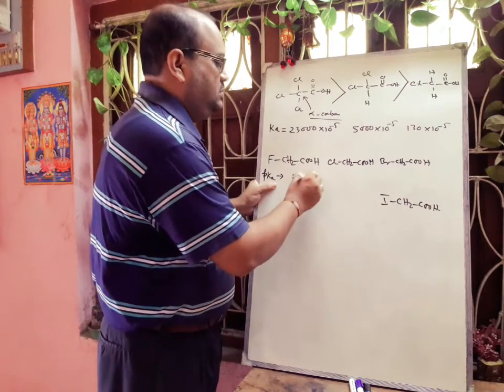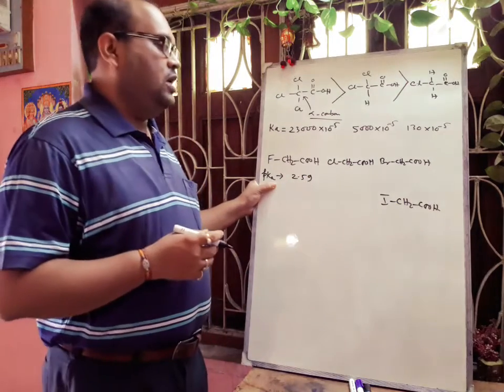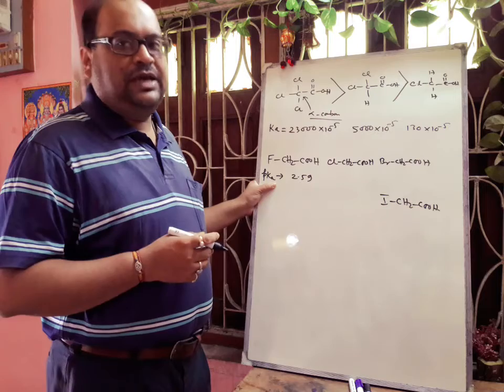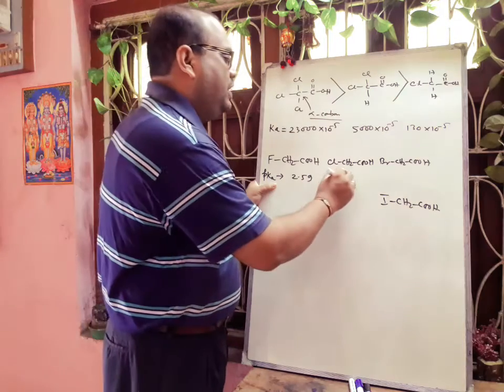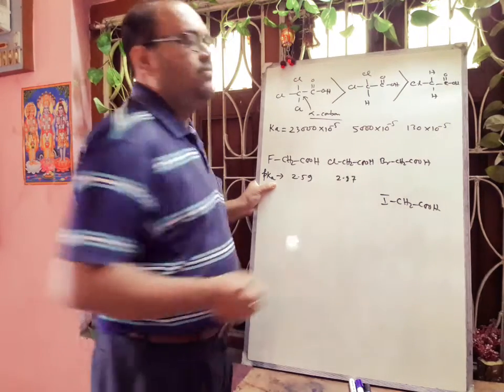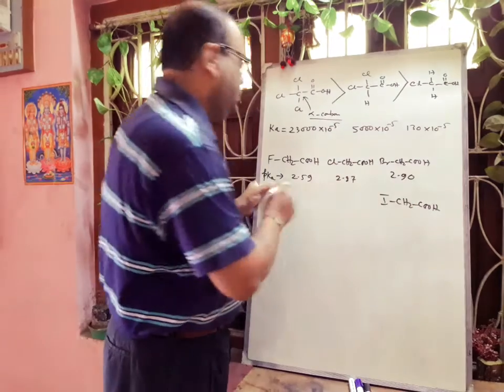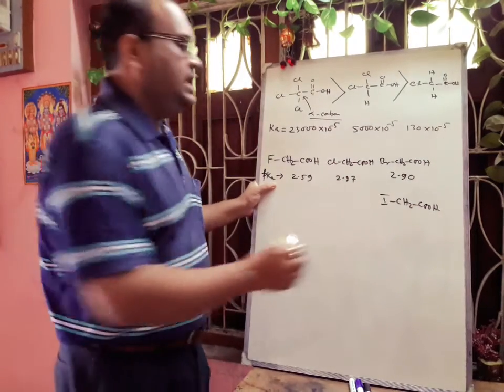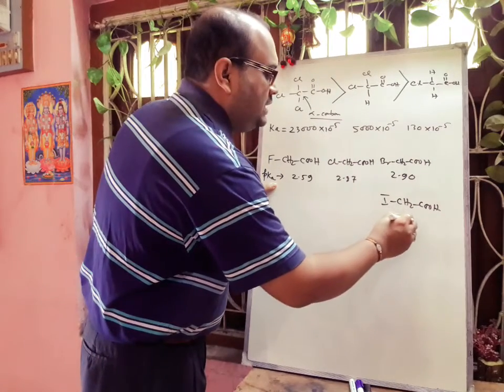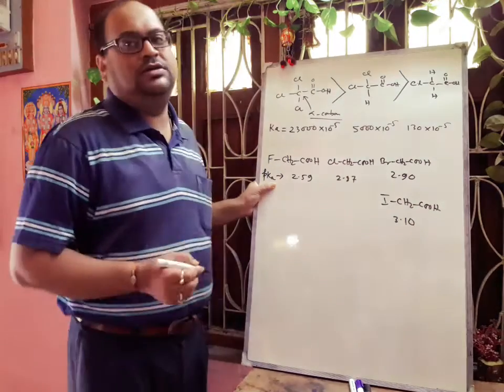Definitely for chloroacetic acid the pKa value will be higher, that is 2.87. In case of bromoacetic acid, the value will be 2.90. So the pKa value is continuously increasing, and in case of iodoacetic acid, the pKa value is 3.10.